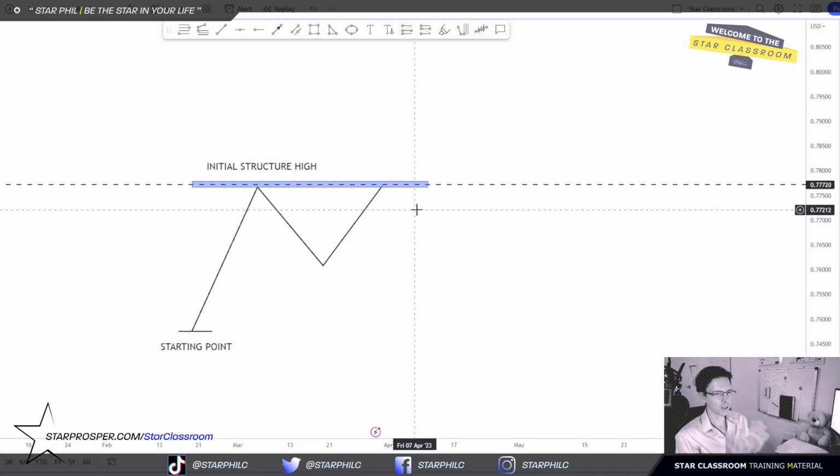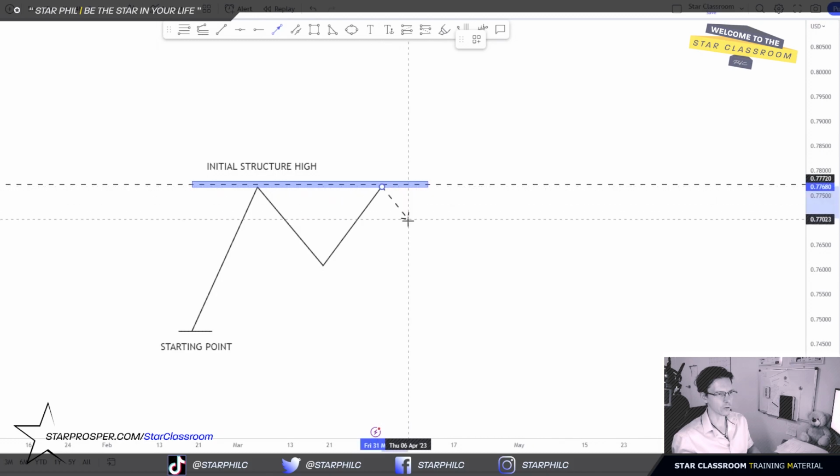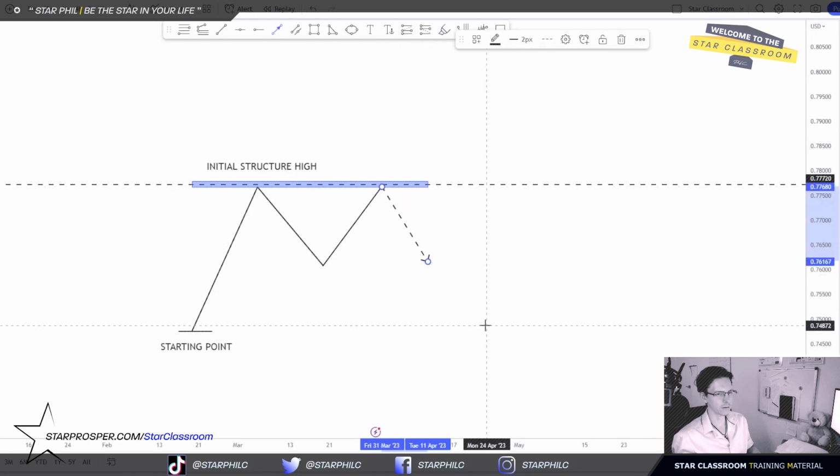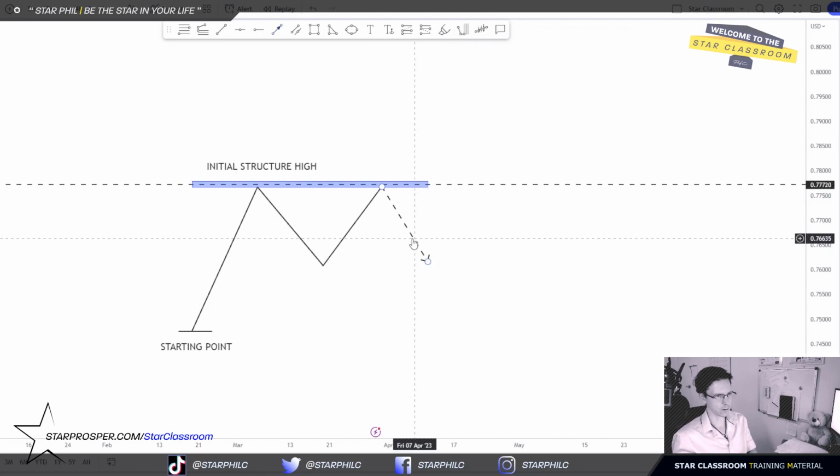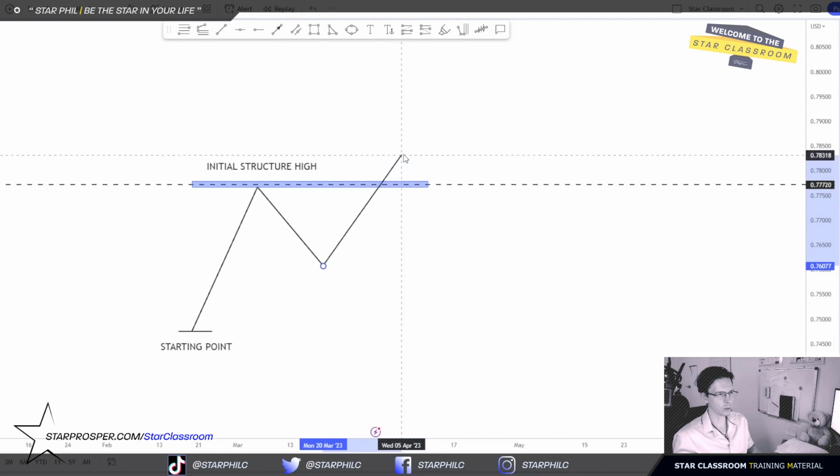As price action touches our previous high, which is our retest right here, we now have our decision point. Price now decides to hold, so price action may hold at this level, or we might retrace again, giving us a little bit of sideways movement, consolidation, or price can continue pushing higher.